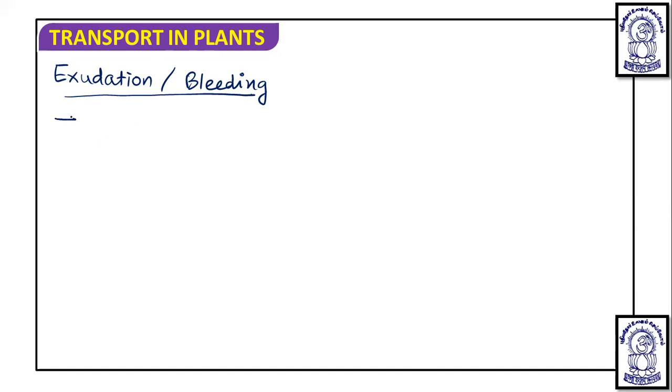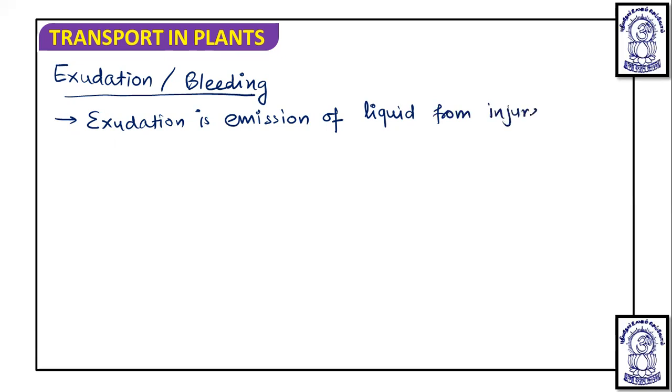So how does exudation or bleeding differ from guttation? Exudation is emission of liquid from injured parts of the plant, whereas guttation was from the uninjured parts. When this water loss occurs, it is known as exudation.